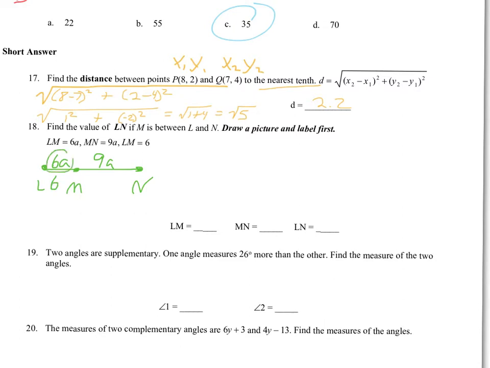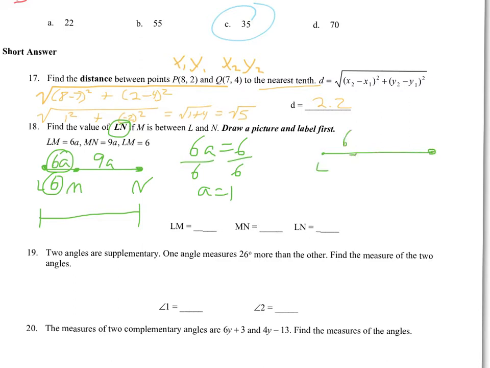So these two values are equal to each other. 6a equals 6. Well, if I solve, a is equal to 1, isn't it? Now it says find the value of LN. LN is the entire distance. Well, if LM is 6, let's rewrite it right here.